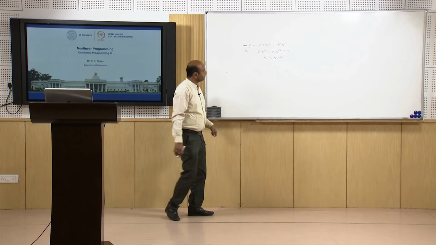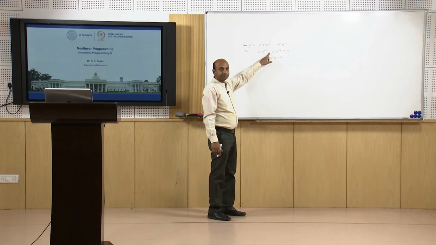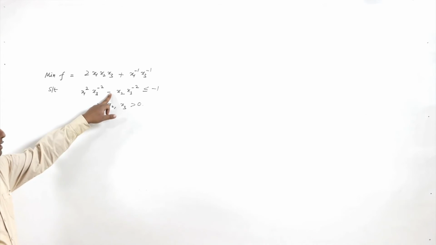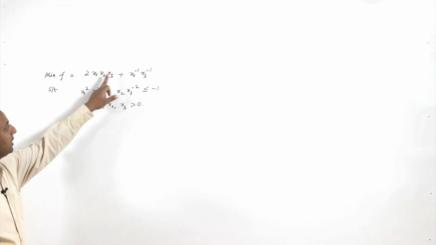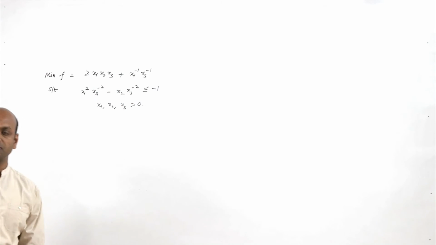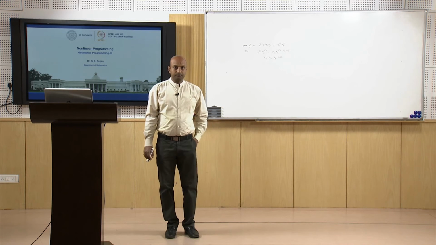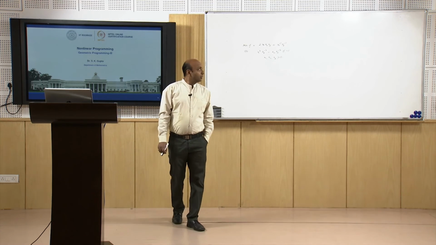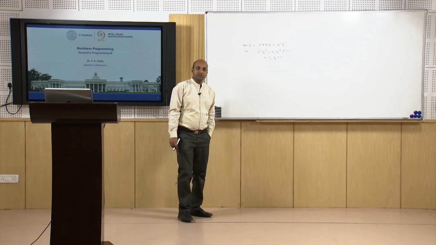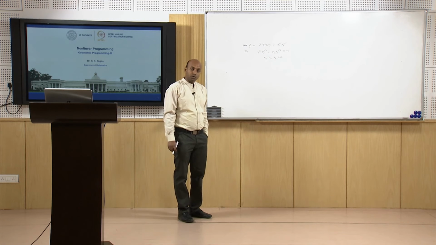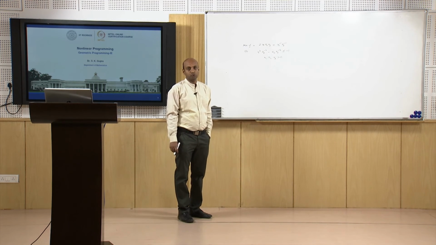Now, here this is negative. How many terms are we having? 1, 2, 3, 4. 4 terms. How many unknowns? 3 unknowns. So, the degree of difficulty will be 4 minus 3 minus 1, that is 0.